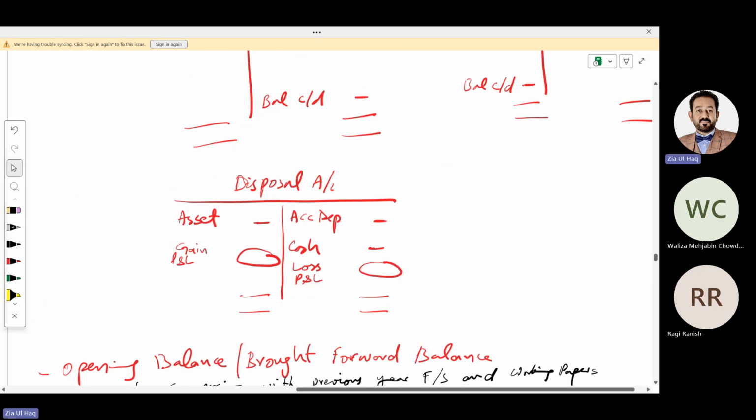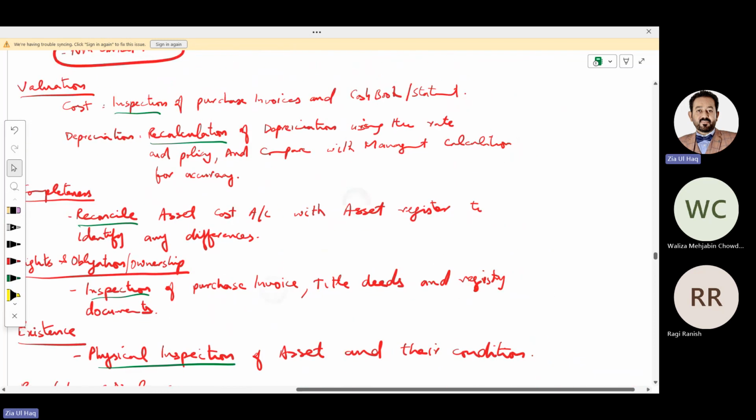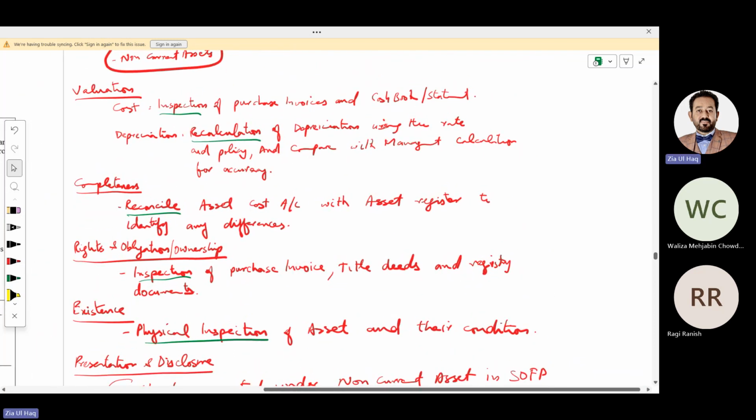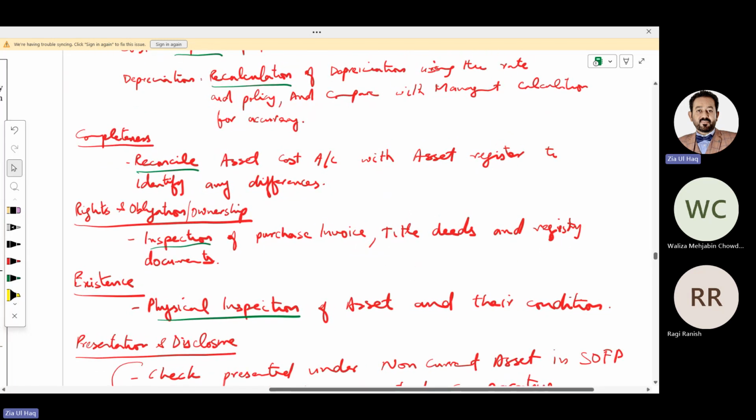How can we verify valuation of opening balances? Inspection of purchase invoices and cash book and bank statements in previous year financial statements. Recalculation of depreciation using the rate and policy, and compare with management calculation for accuracy in previous year financial statements. Completeness: reconcile asset cost account with asset register to identify any differences in previous year accounting records.